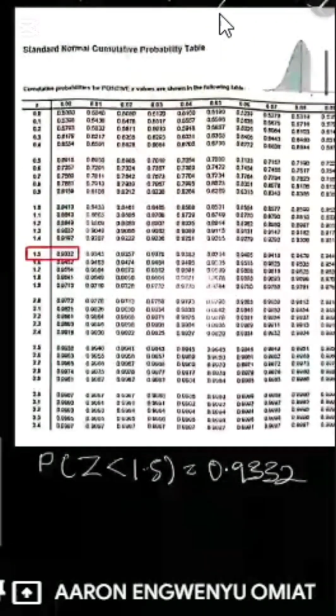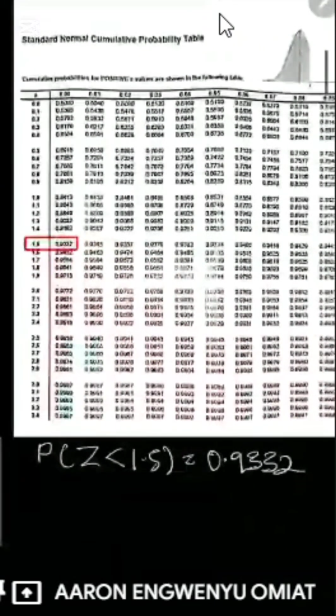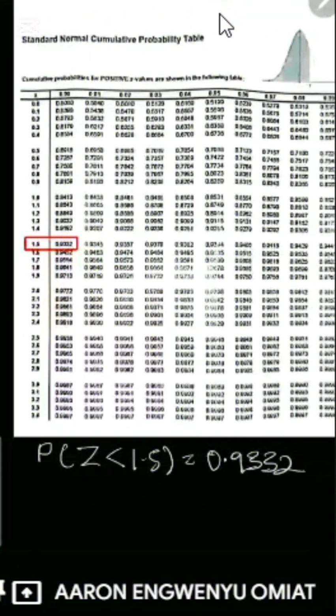Probability of Z less than 1.5. We saw it here. If you put 1.5 here, the probability of Z less than 1.5 is all this region, which is shaded, which comes to 0.9332.